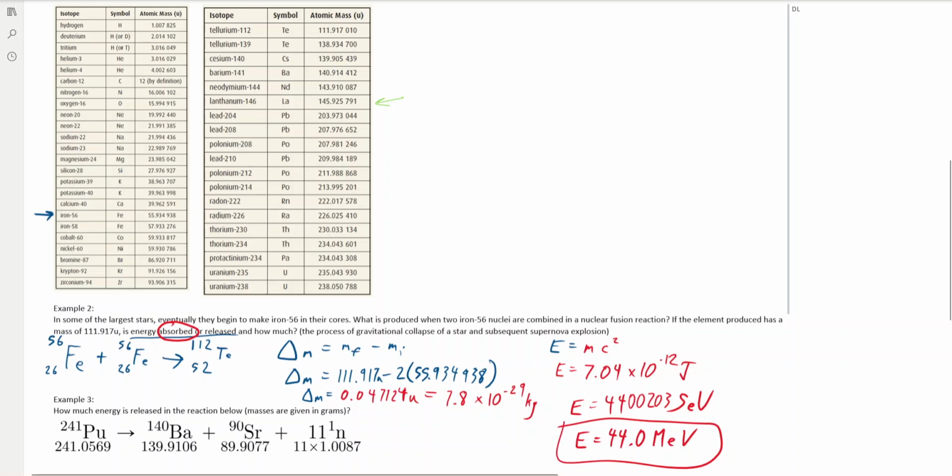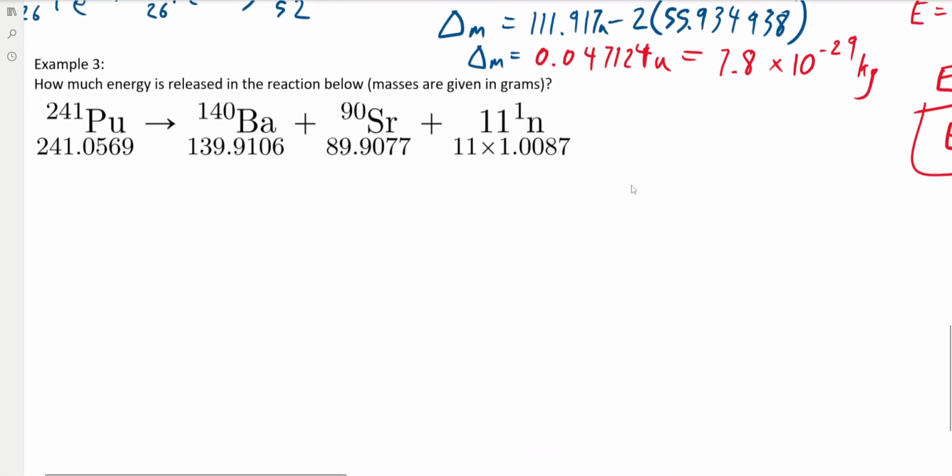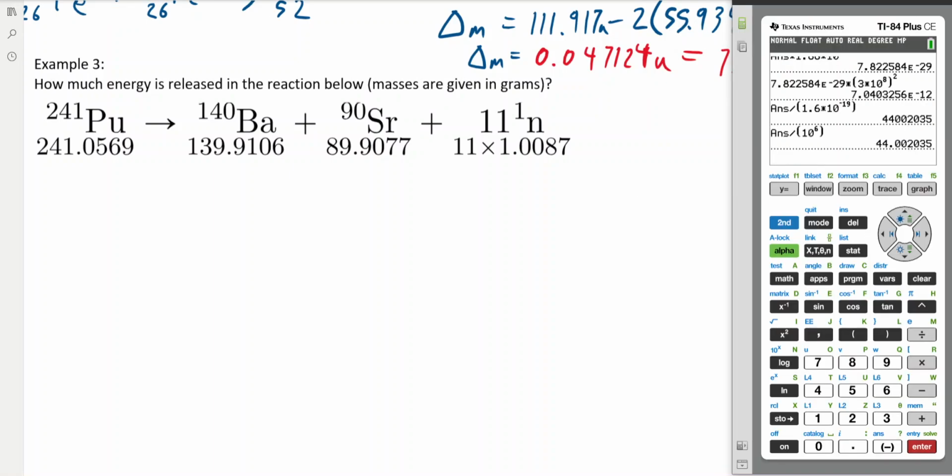All right, and example 3, pause the video now and try it yourself. Okay, so for example 3, because the masses are actually given to us already, it makes it a little bit easier, and it's given to us in grams, which means we don't have to do as many conversions just to kilograms, which is a little bit nicer. So what we're going to do is add up all of these masses on the right side.